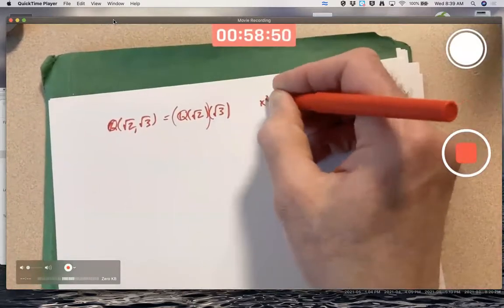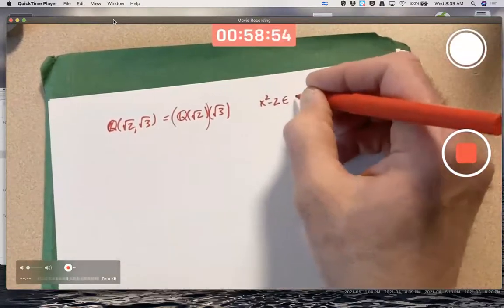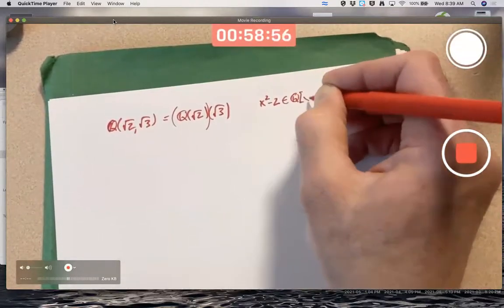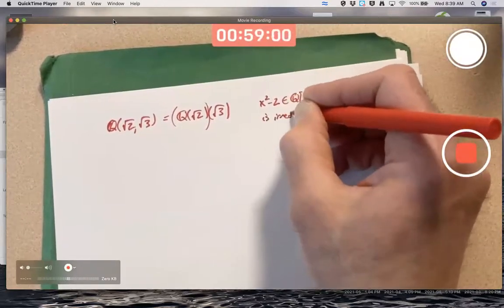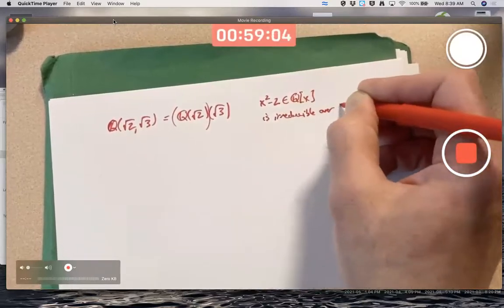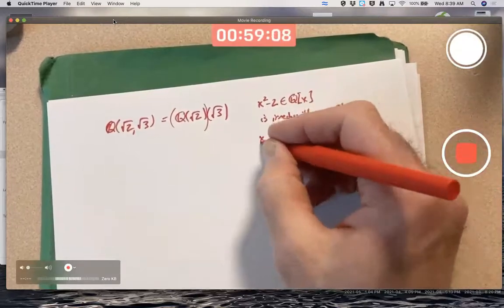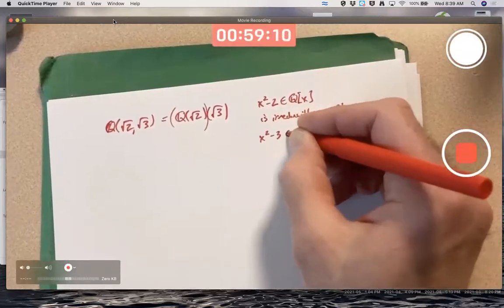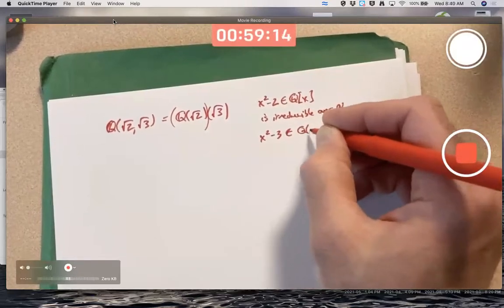x squared minus 2 is irreducible over Q. And x squared minus 3, well, it's also reducible over Q, but you can say more.